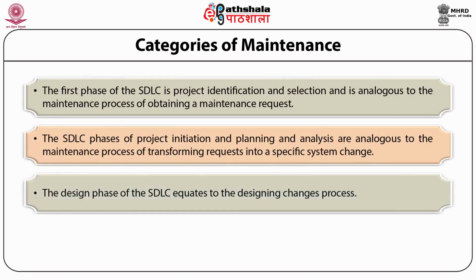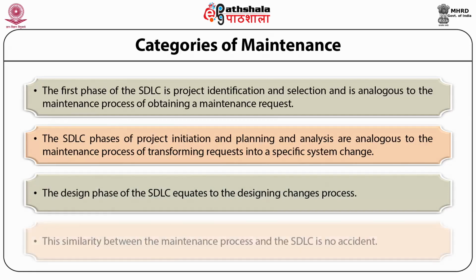The design phase equates to the designing change process. And finally, the implementation equates to implementing changes. This similarity between the maintenance process and the STLC process is no accident. The concepts and the techniques that are used to initially develop a system are also used to finally maintain it.